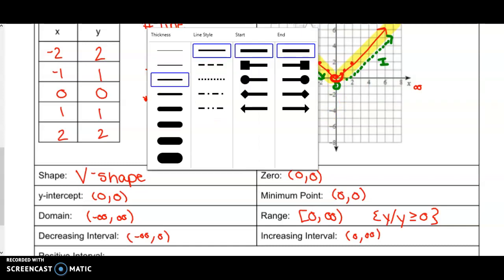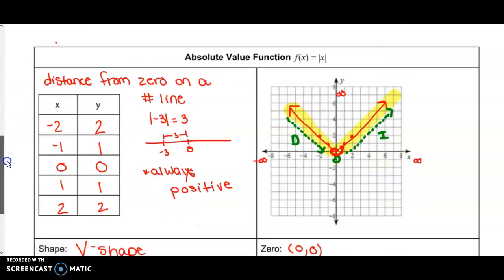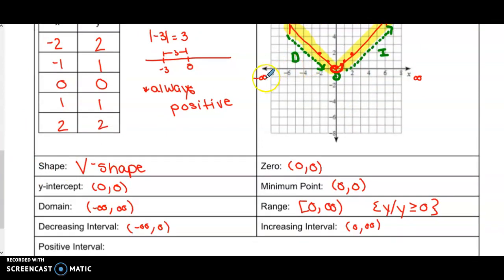All right, so I'm going to write this in two separate pieces. So I'm going to say from negative infinity, again, remember we're using the x values, so negative infinity to 0, union 0 to infinity, because I don't want to include 0.